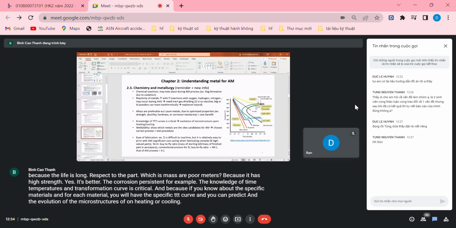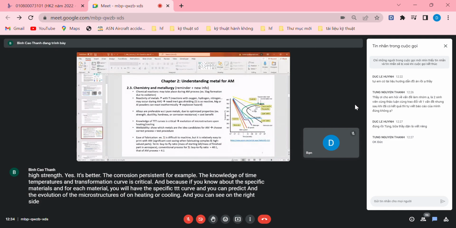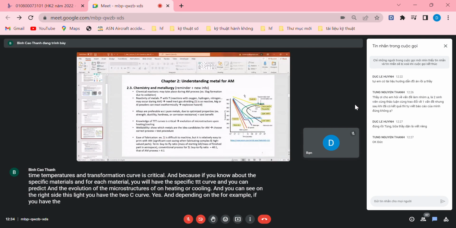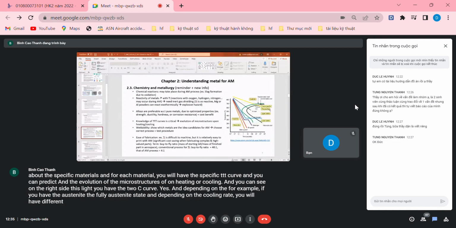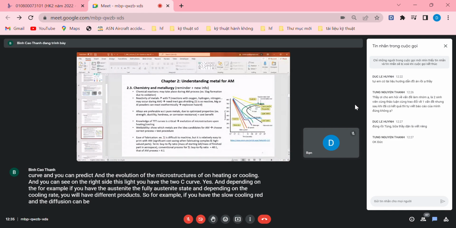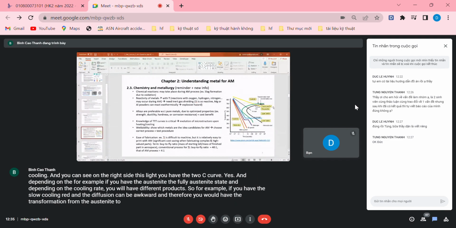And you can see on the right side of this slide, you have the C curve. Depending on the cooling rate, if you have the fully austenite state, you will have different products. So for example, if you have a slow cooling rate, the diffusion can occur, and therefore you would have the transformation from the austenite to pearlite.